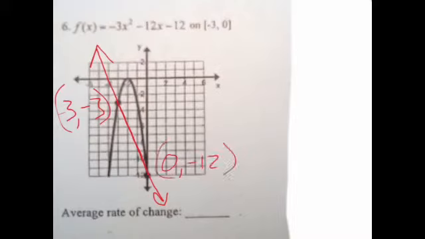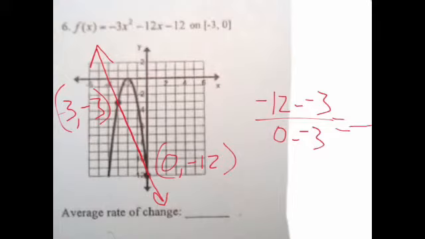For rise over run, you do -12 minus -3, and 0 minus -3. It's going to be a 3 on the bottom and a -9 on top. If you simplify that, you get -3, and that's my average slope. You notice it goes down 3, right 1 to get to all those points on the line.